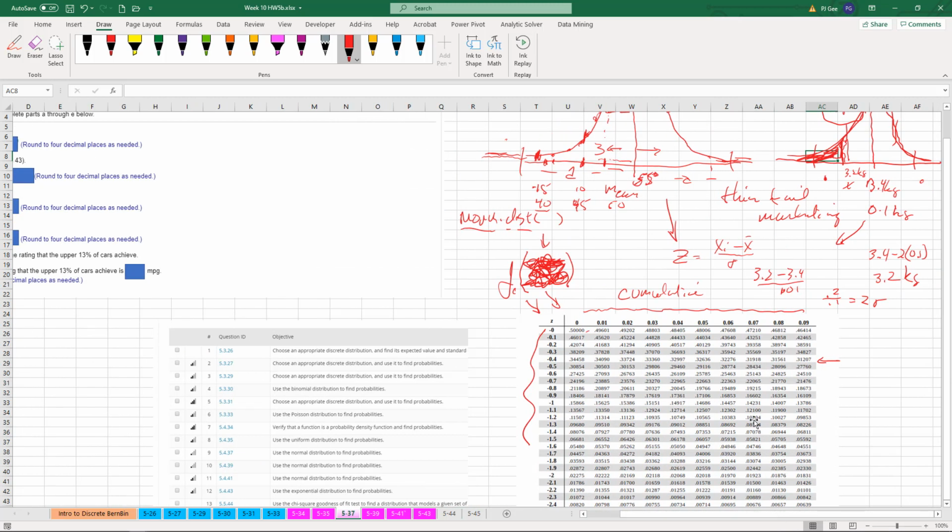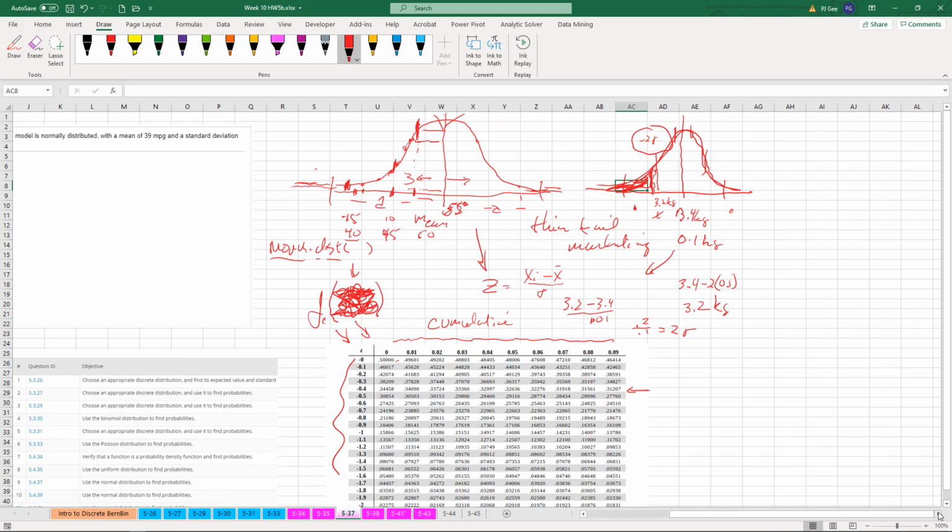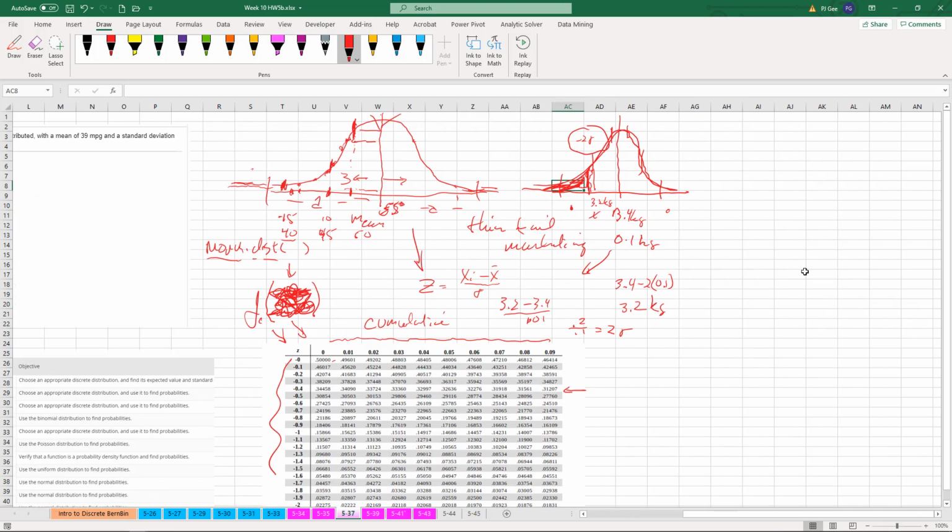Let me move. Can't move that. What we're basically doing is if you ran your entire set of numbers through the Z-score. Z transform is something else.